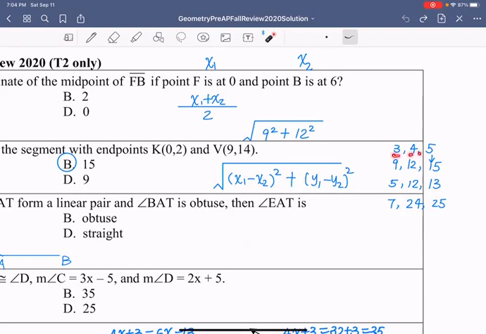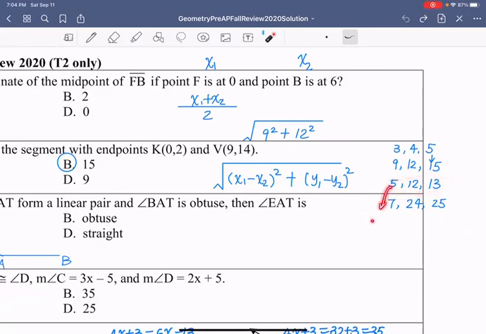If 3, 4, 5 works, 3 times 3 is 9, 4 times 3 is 12, 5 times 3 is 15. Make sense? Okay. Do you also know this number? 5, 12, 13. Have you seen this number before?